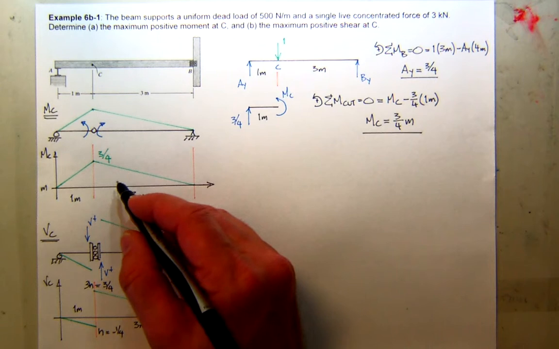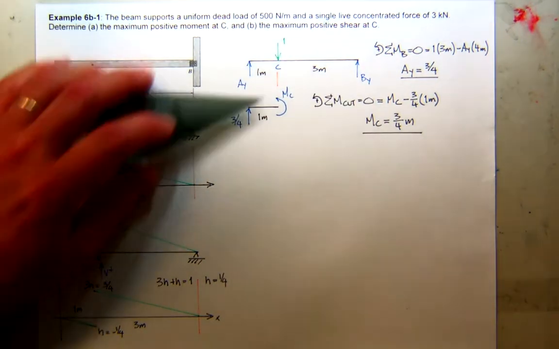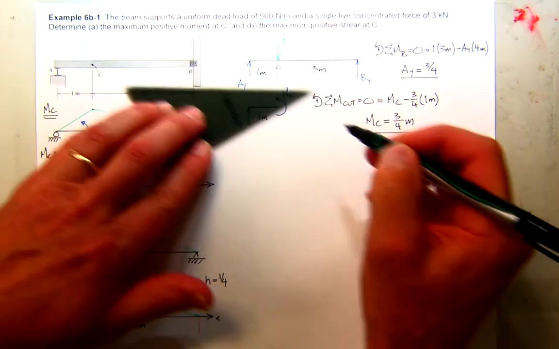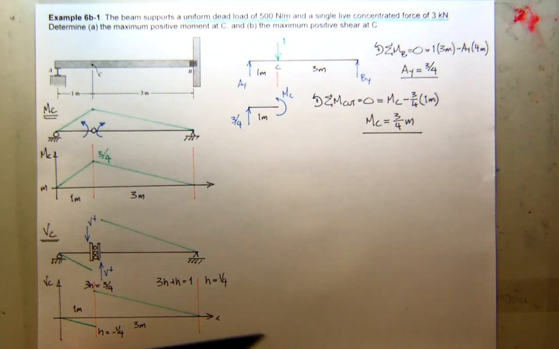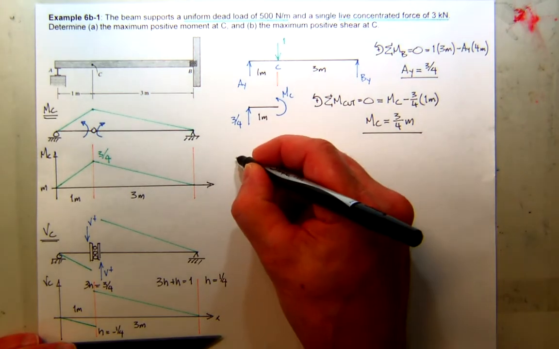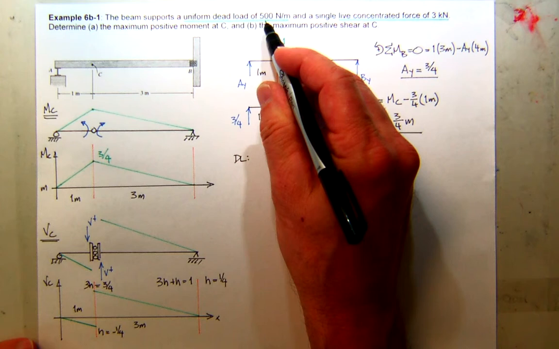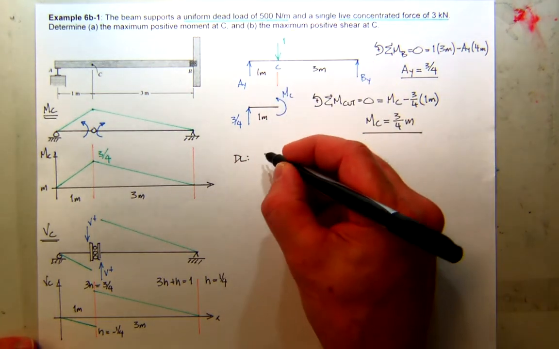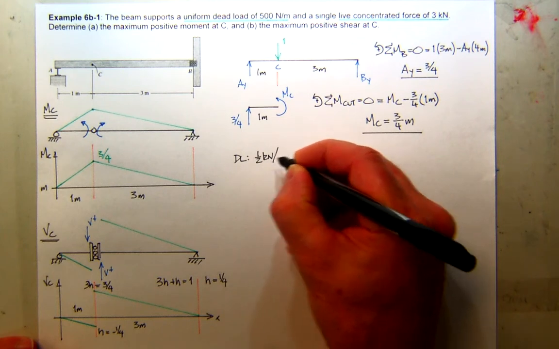So we're going to deal with first the dead load. We've got a uniform dead load, and then we have this live concentrated load. So let's start with the dead load. It has an intensity of 500 newtons per meter. I'll change that to kilonewtons, so it'll have an intensity of 1/2 kilonewtons per meter.